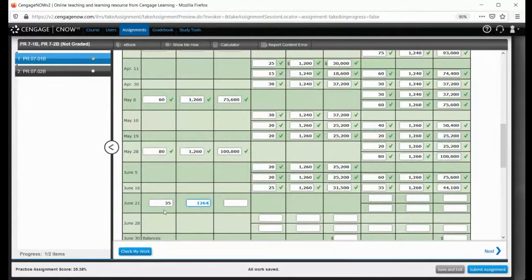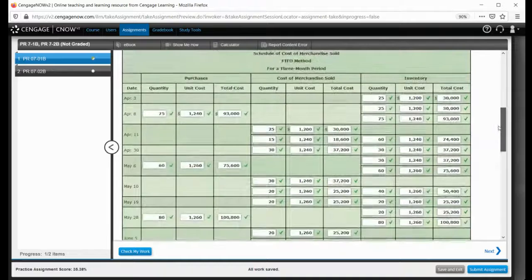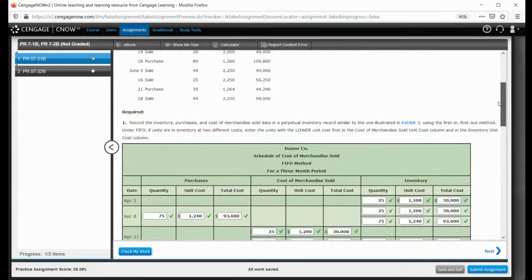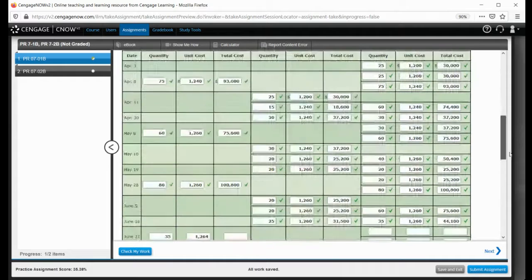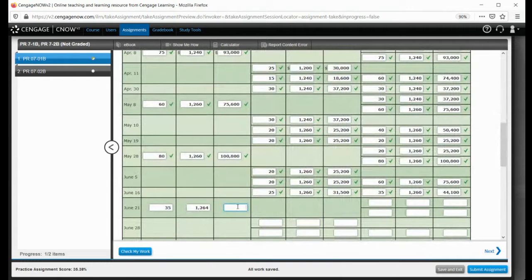And you would multiply 35 times 1264, which would give you 44,240. So in our journal, we would debit merchandise inventory and credit accounts payable for 44,240. That's the total amount of our purchase.